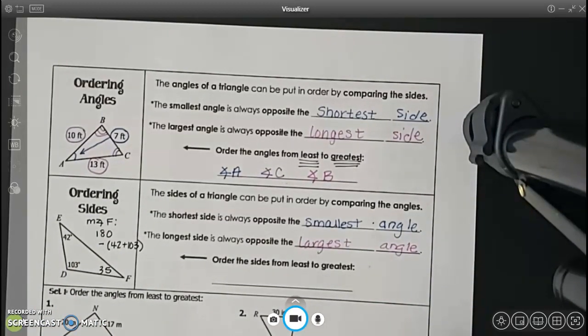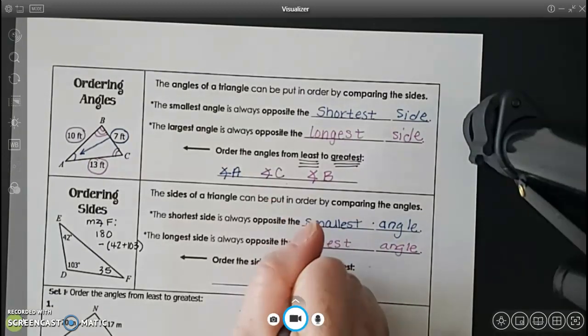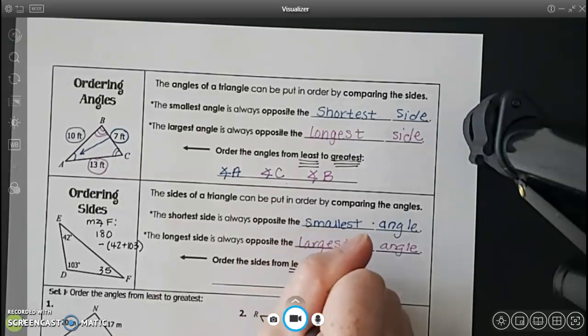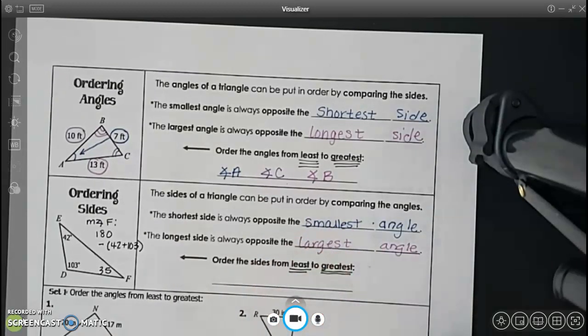Ordering the sides from least to greatest, it says least to greatest, so we want to find the smallest side first. To find the smallest side, I look for the smallest angle. In this case, the smallest angle is angle F, so this will be opposite the smallest side.